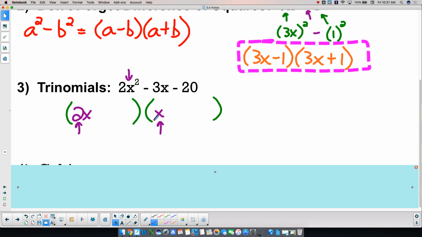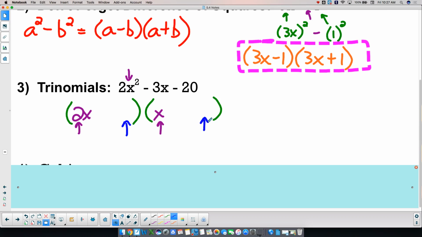So, sometimes you might have to guess and check. And it's pretty much the only time that I say, yeah, let's guess and check.